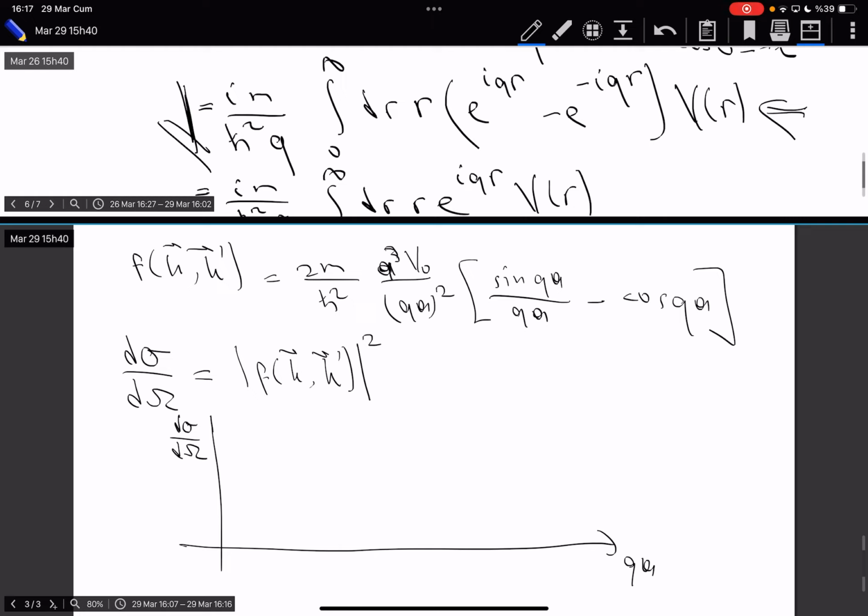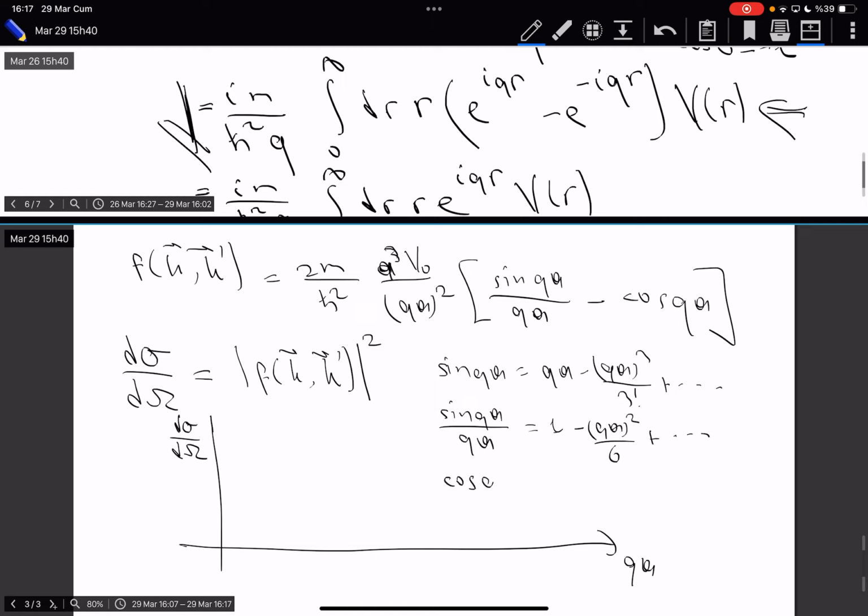But let's see. Sine of QA is QA minus QA cubed over 6, and so on. So sine of QA over QA is 1 minus QA squared over 6 plus and so on.